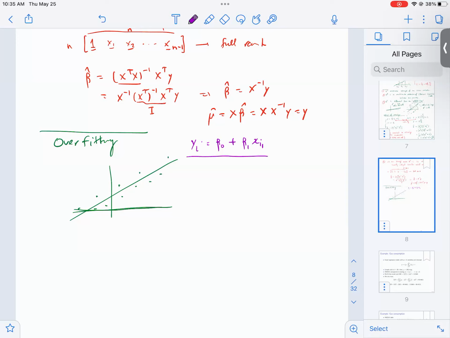So this is the true model, let's say, but I'm going to fit a model that looks like this: beta 0 plus beta 1 xi1 plus beta 2 xi1 squared, so I square the covariate and add it as a new covariate, and then beta 3 xi1 cubed, and keep adding up to beta p xi1 to the p, plus epsilon i. As I increase p, I can just keep adding these.